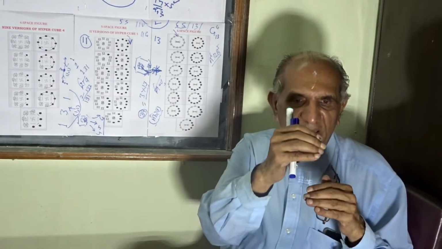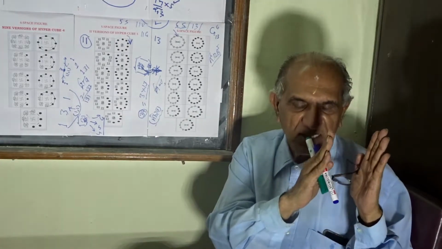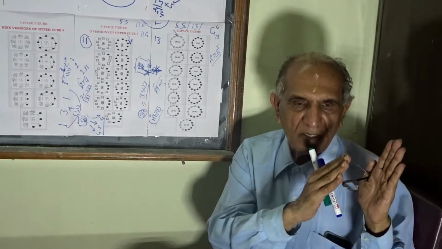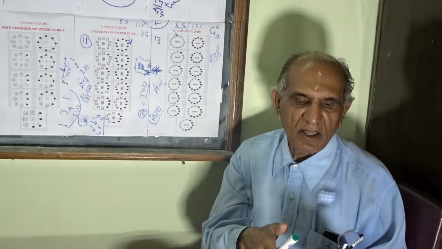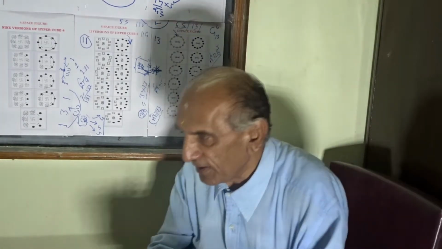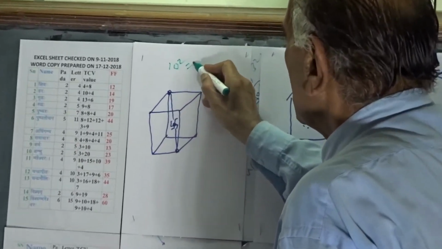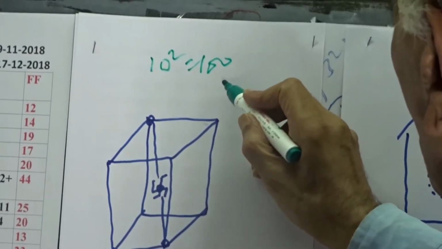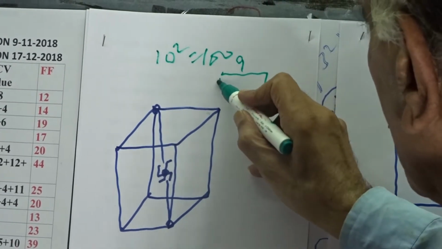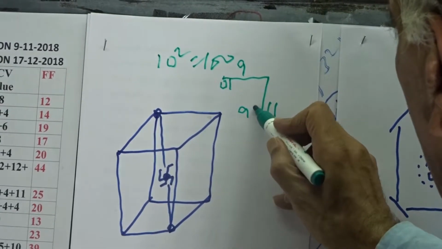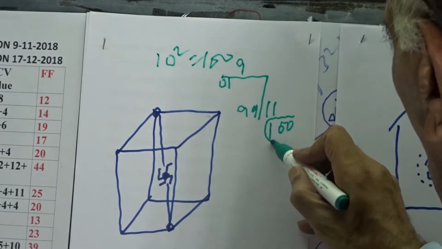Therefore, this 10 square value will be accommodated for the 10 place value system. Double digit numbers of 10 place value system will be accommodated by the grid 9 cross 11. Therefore, the value 10 square is equal to 100. It will be accommodated by a grid 9 is to 11. So numbers 01 to 99 will be accommodated by this grid, and number 100 will go out of it.